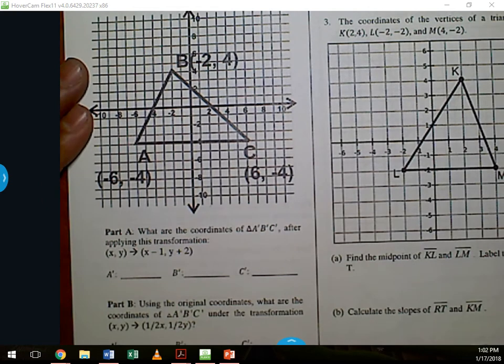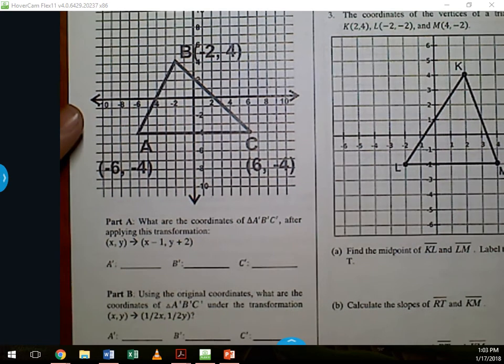Isn't this a coordinate transformation? Yes, it is. Also referred to as a translation. All right, so this is going to be a translation.